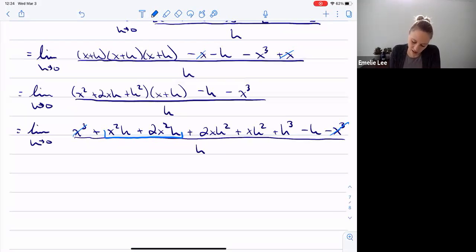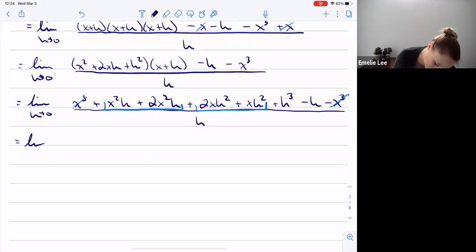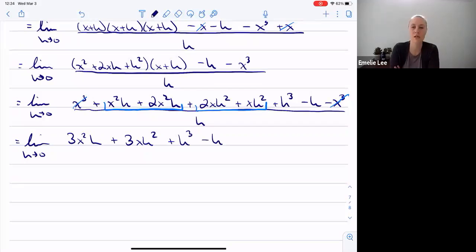And then I've got xh squared and 2xh squared, so I can collect those two. So this becomes the limit as h goes to 0 of 3x squared h plus 3xh squared plus h to the 3 minus h, over h.